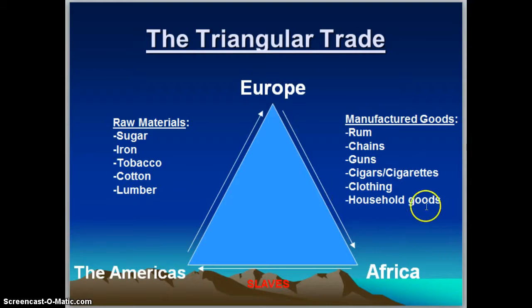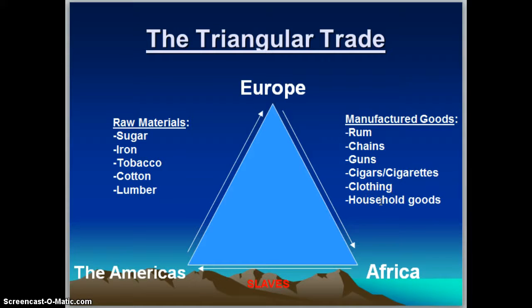Lastly, household goods, meaning tables, chairs, a bed frame, things like that. They used lumber. Lumber is just a fancy word for wood. So that's when they cut down trees, take the lumber, and turn it into tables and chairs, etc.